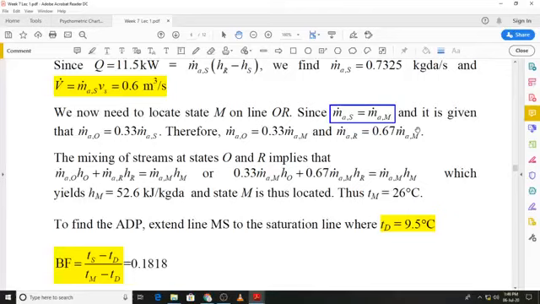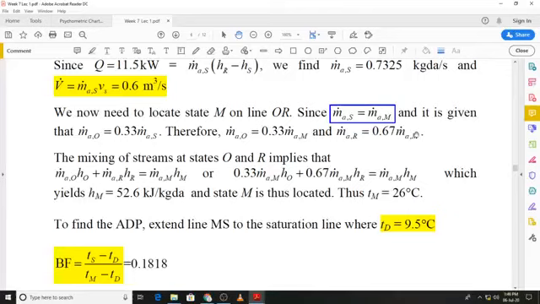Similarly, the amount of recirculated air will also be less than the mass flow rate of the supply air. The sum of the outside air and the recirculated air will be equal to the mass flow rate of the supply air.